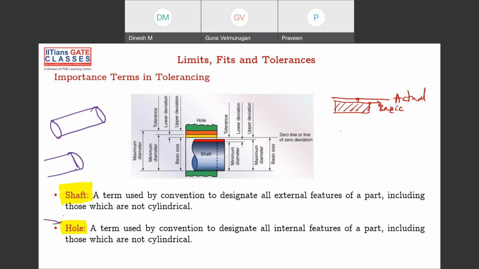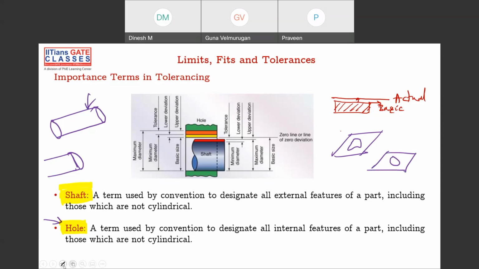If you say hole, our mind assumes it is circular, but a hole can be of different sizes and geometries too. This is also a hole, but what our mind says is a hole in the mechanical perspective is the circular one. Generally we will say this is a shaft.